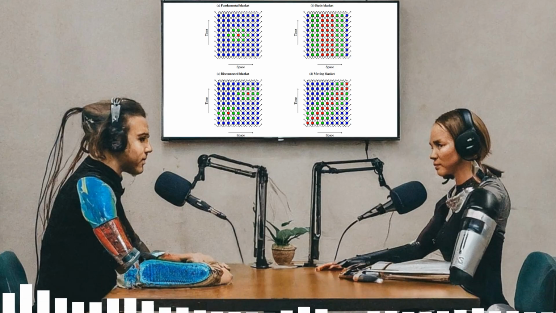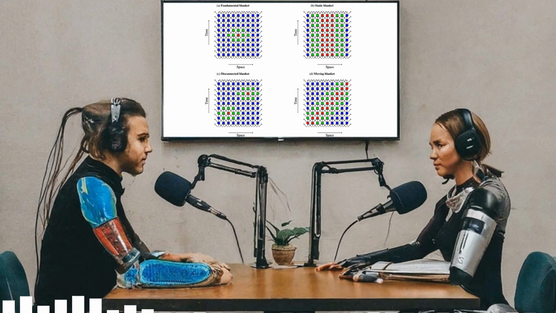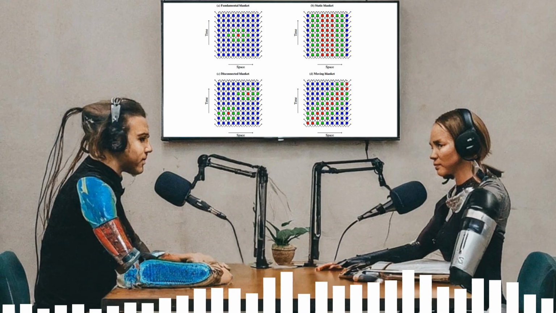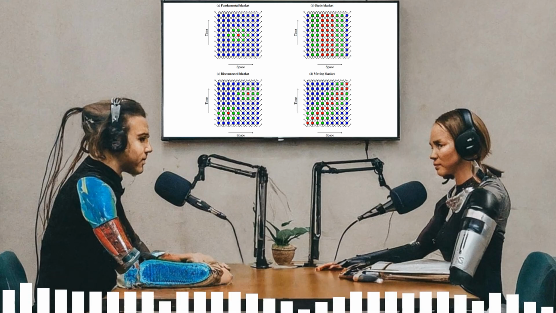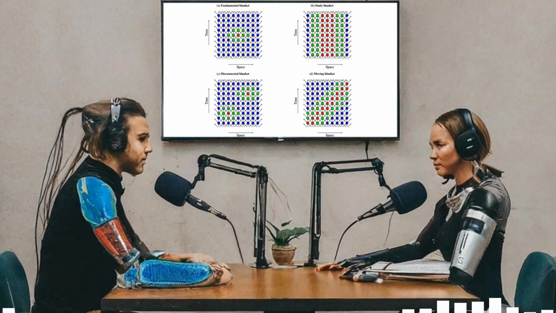And the way that systems do this is by maximizing their caliber. Okay, caliber. What's that? Think of it as a measure of randomness or possibilities. So a system wants to be able to do as many things as it possibly can, but within the constraints of its boundaries, its Markov blanket. Got it.